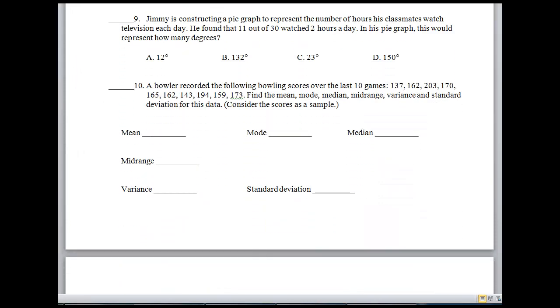Jimmy is constructing a pie graph to represent the number of hours his classmates watch television each day. He found that 11 out of 30 watched 2 hours a day. In his pie graph, this would represent how many degrees? What would we do for this one?